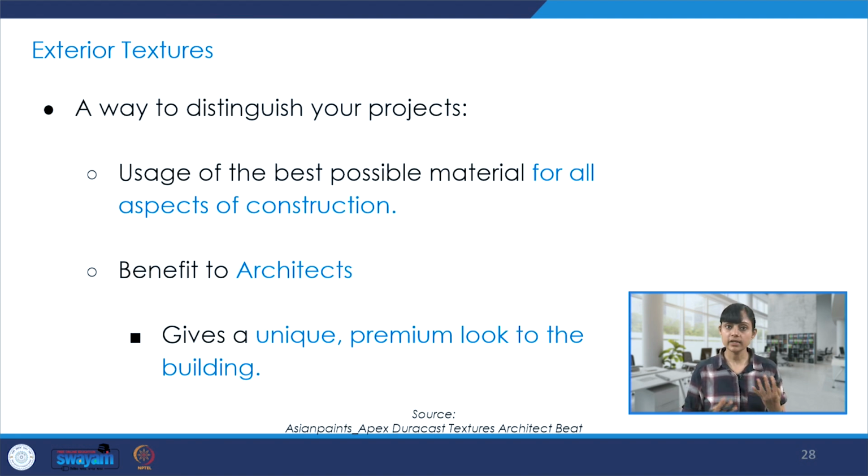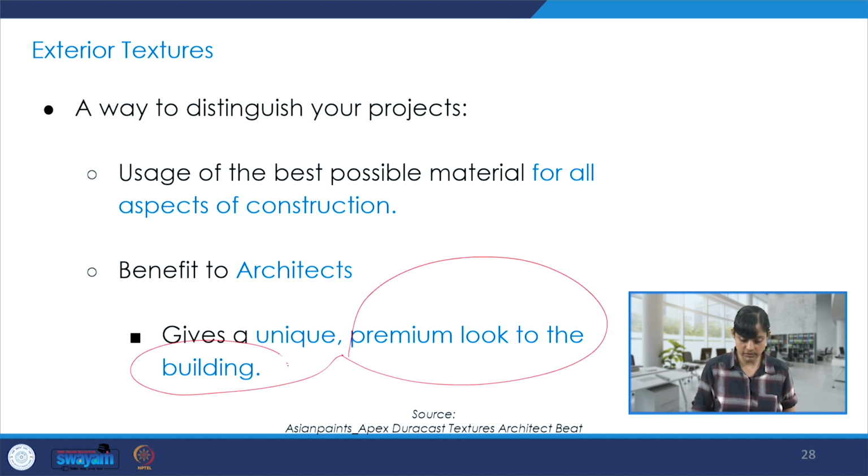So, what are exterior textures and how can they help an architect and how can they benefit a client? There is this possibility of achieving a very unique premium look in our interior spaces through these textures and finishes, and how we can use them to our advantage to enhance spaces and create a very nice design vocabulary.